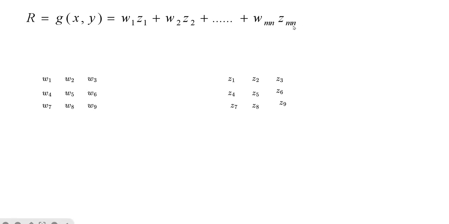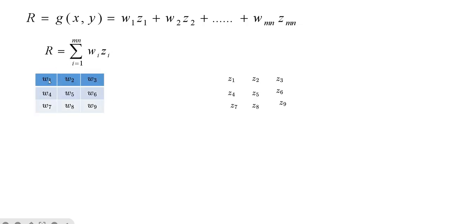We'll take this as equation number 3. Now equation number 3 can be written as r is equal to summation i is equal to 1 to mn of wi zi.